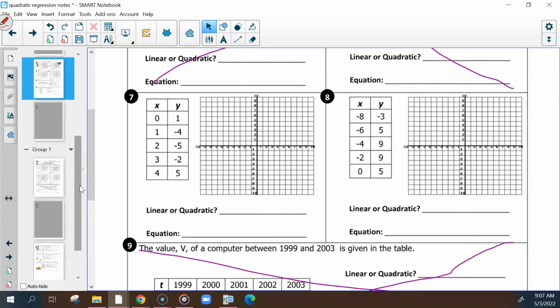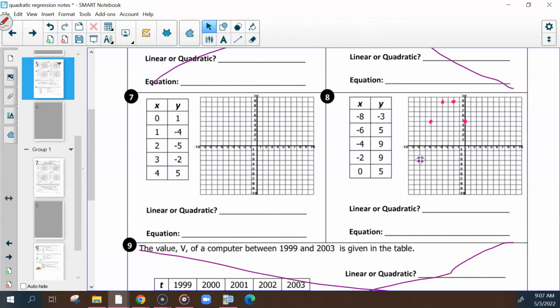Actually, I feel like both of those are quadratic. I think only 7 is quadratic. Are we actually quadratic?